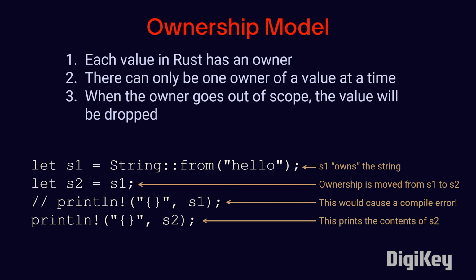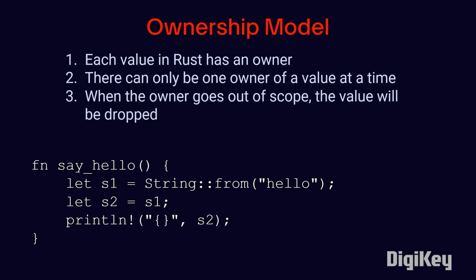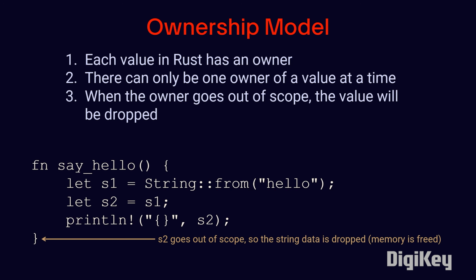Let's say we wrap this snippet up into a tiny function called say hello. To address the third rule, we see that s2 would go out of scope after the function ends. As a result, Rust automatically drops the string value it owned and frees up the memory. This incurs a small amount of overhead to actually free the memory, and that's invisible to the developer.